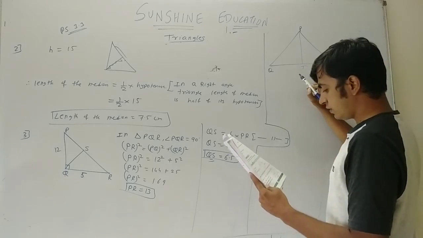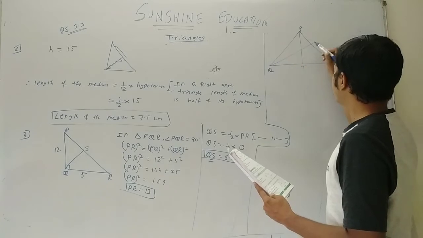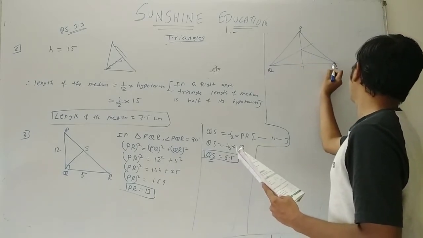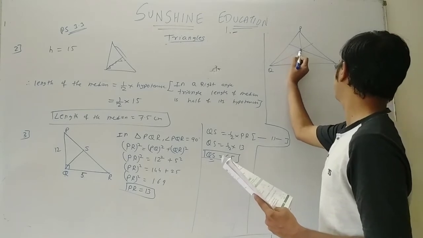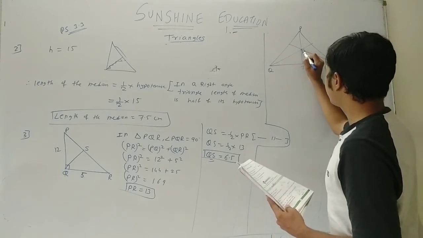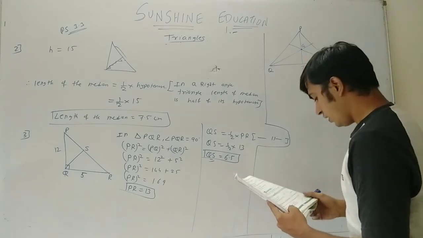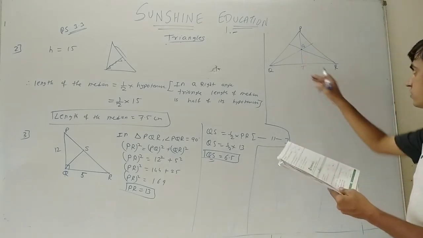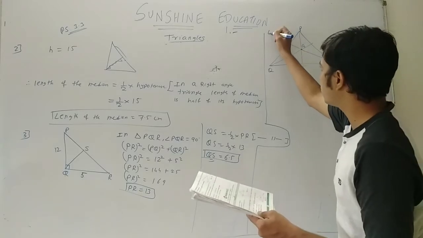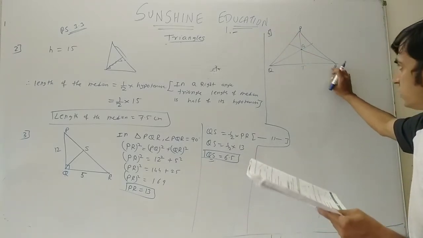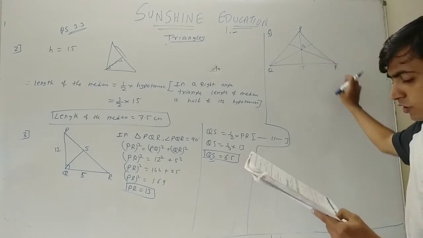PT, we have this median, and this is the centroid. And what is the name of the centroid? It is G. So in the figure, this is 3.38, sum number 4. What is given in the figure? The point G is the point of concurrence of the median.